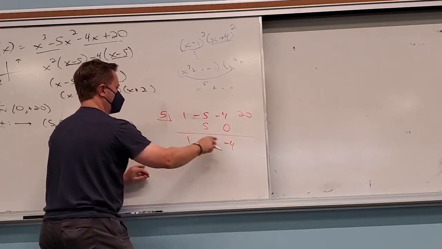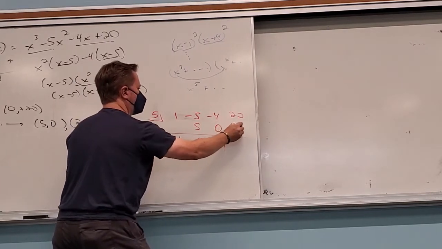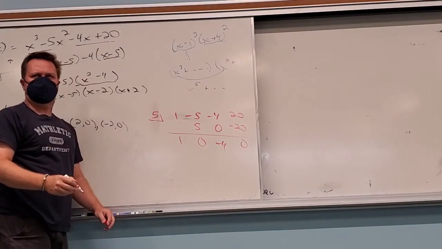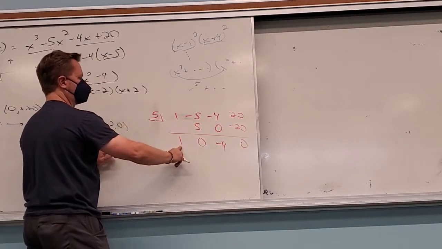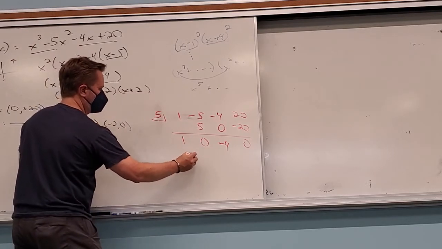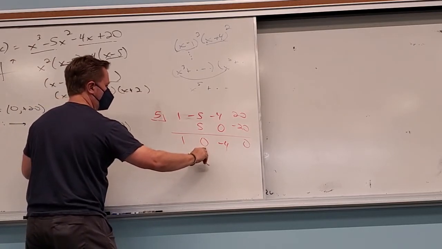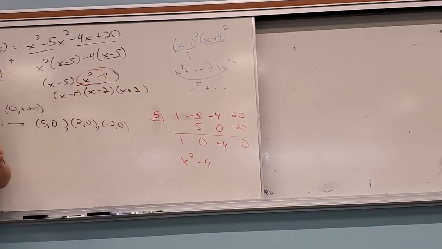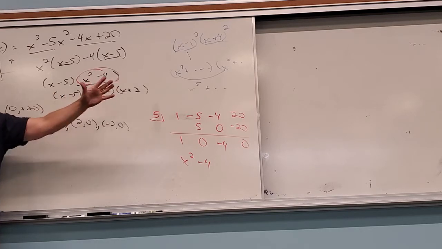Add. 5 times negative 4 is negative 20. Is that cool? And then look what we get. What is this? This was cubed, so what is this? Squared. 1x squared. 0 x's minus 4. Right? If I synthetically divide by 5, by x minus 5, what I'm left with is the other piece, of course, right?